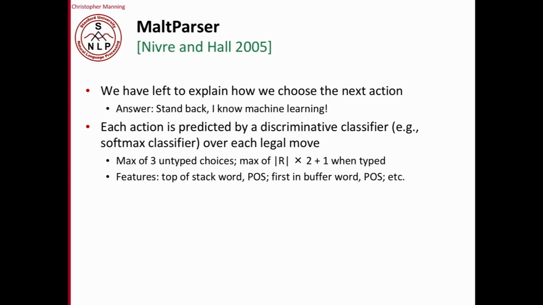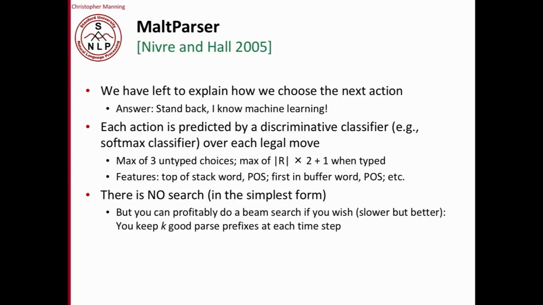And Joachim Nivre showed the slightly surprising fact that actually you could predict the correct action to take with high accuracy. So in the simplest version of this, there's absolutely no search. You just run a classifier at each step and it says, what you should do next is shift, and you shift.